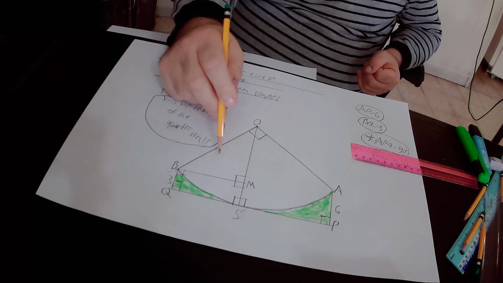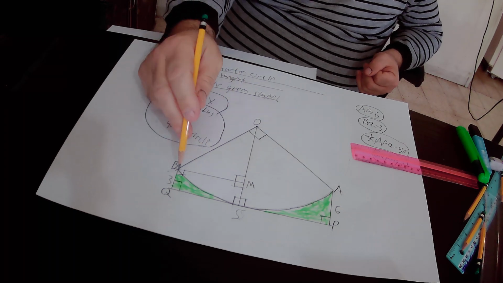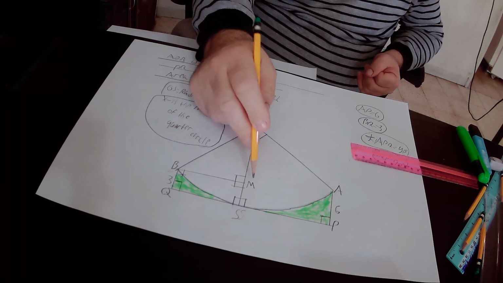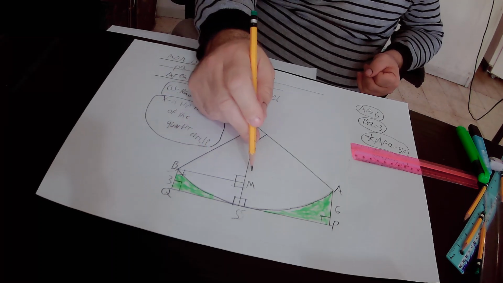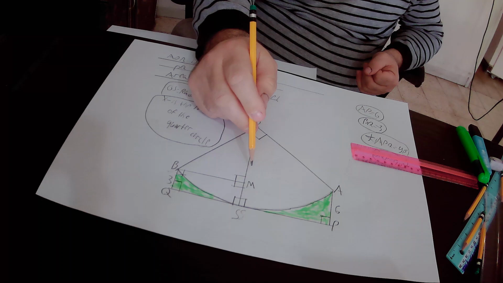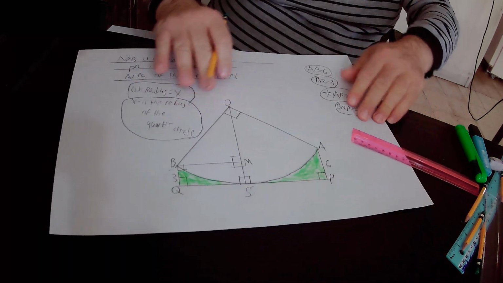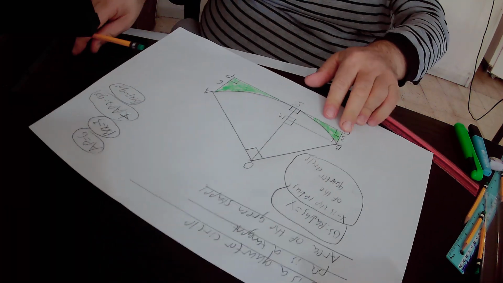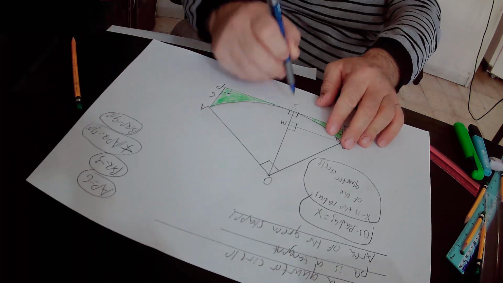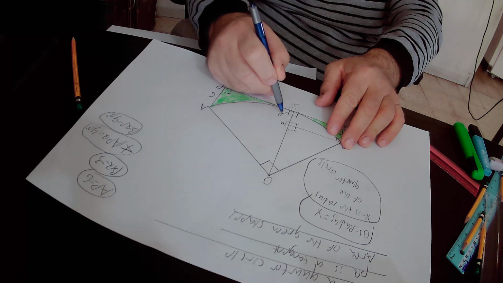So in rectangle BMQS, side BQ must be equal to the opposite side MS. But BQ equals 3, therefore the opposite side MS must also be equal to 3 units in its length. So I write it down. MS equals 3 units in its length.